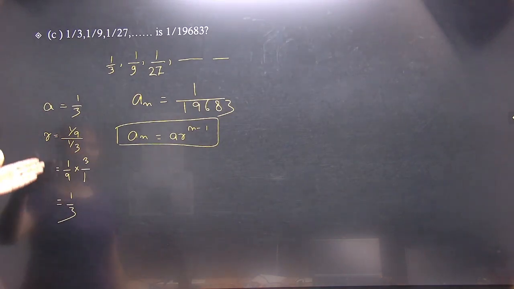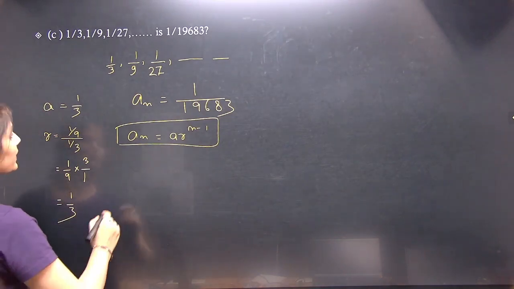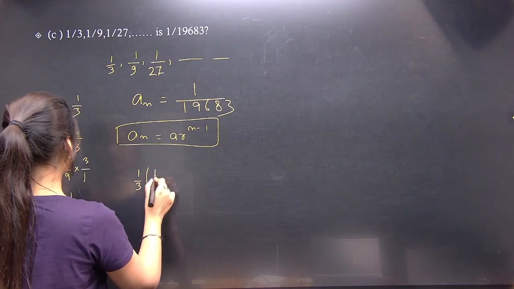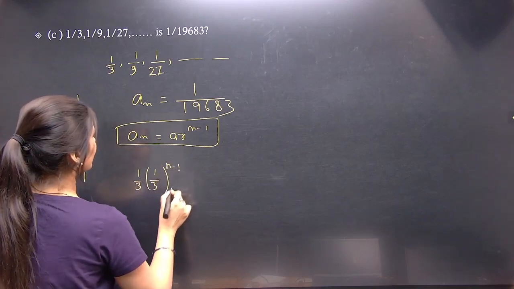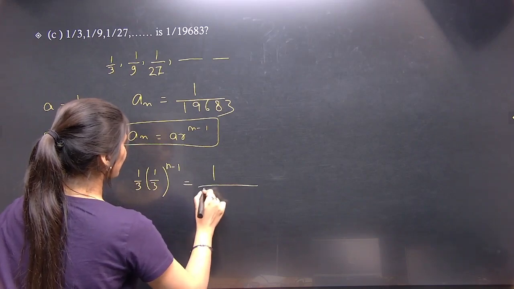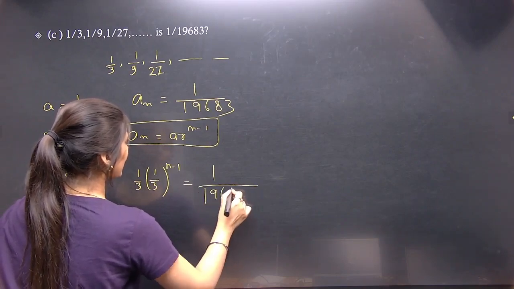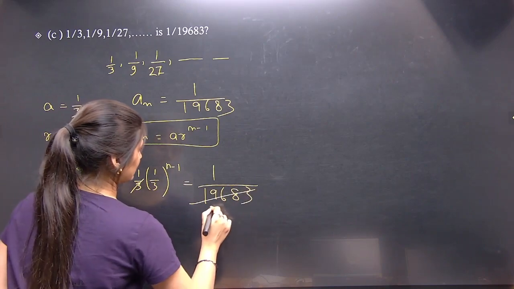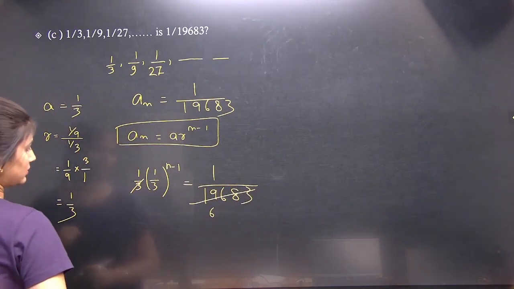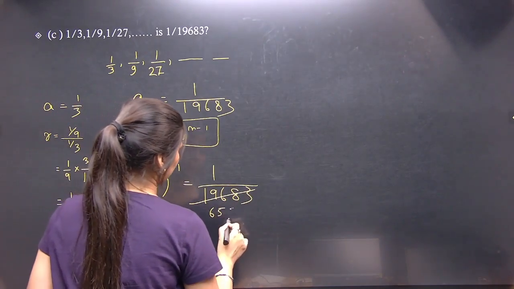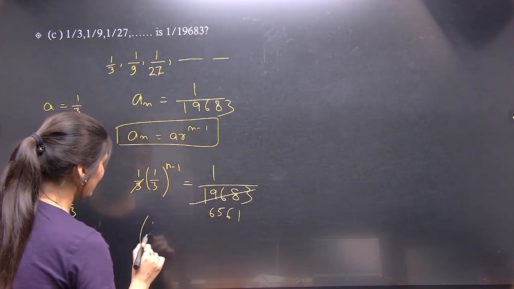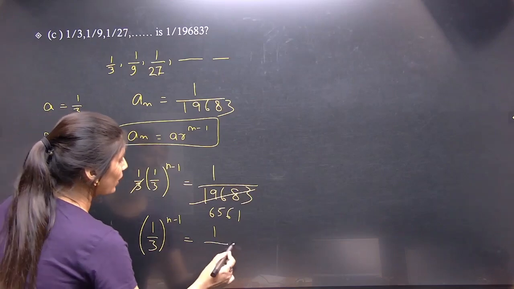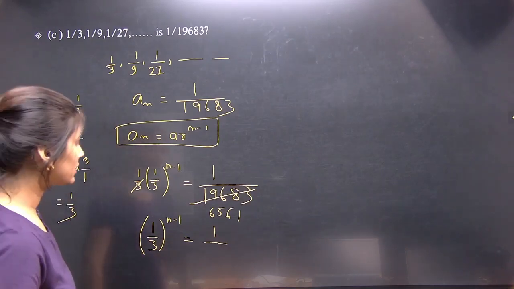Okay, so we have the value of A and R here. So A R to the power n minus 1 is equal to 1 by 19683. Okay. So it is 1 by 3 to the power n minus 1, and you have to check 1 by 6561 is how much.